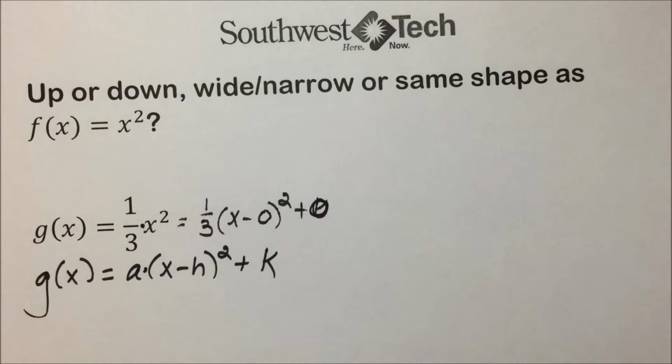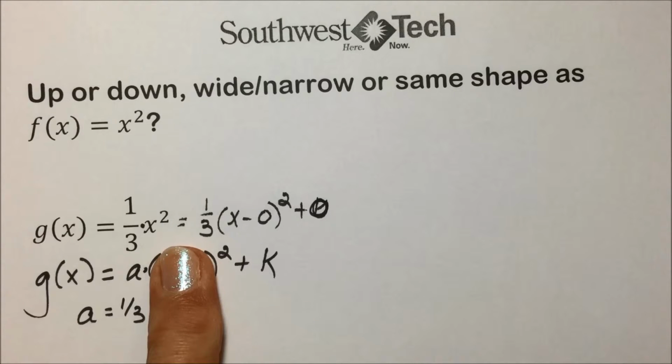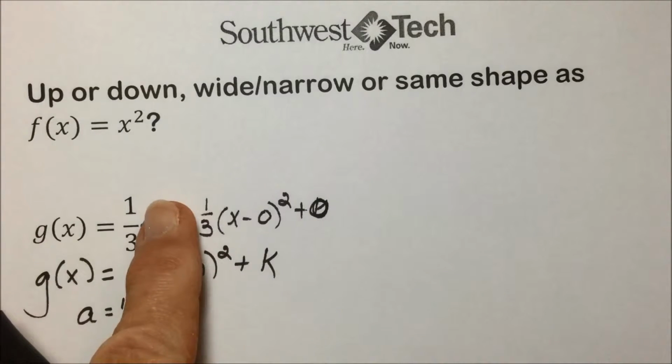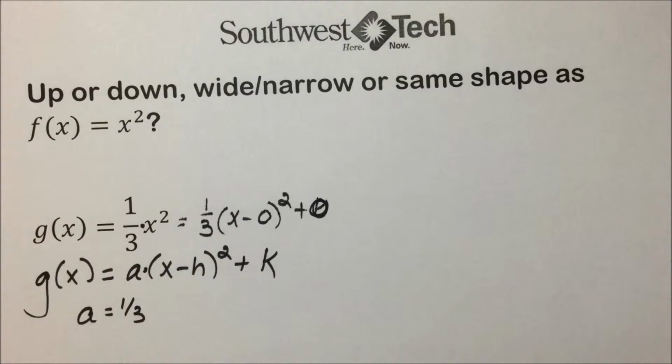Is it up or is it down? Well, a is equal to 1/3. Whatever our squared term is being multiplied by gives us a. Well, our squared term is being multiplied by 1/3. Since a is greater than 0, in other words, it's positive, this parabola will open up.